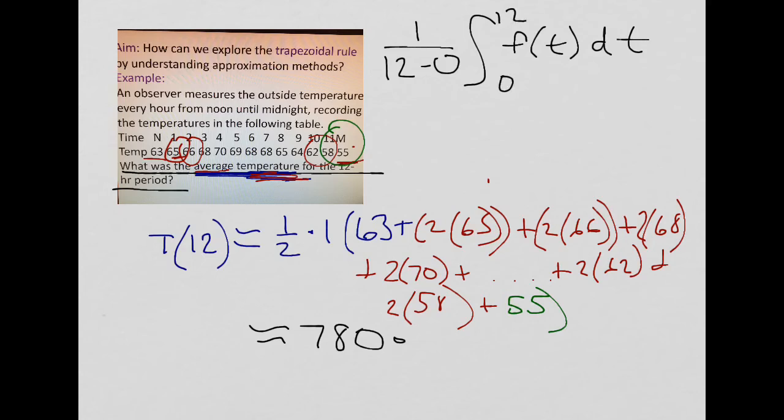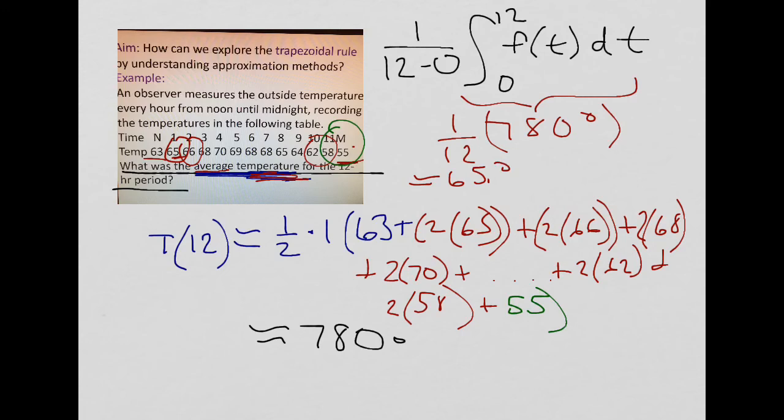Okay, so what we just approximated was this integral here. And if we do 1 over 12 of our 780 degrees, we're getting approximately 65 degrees.